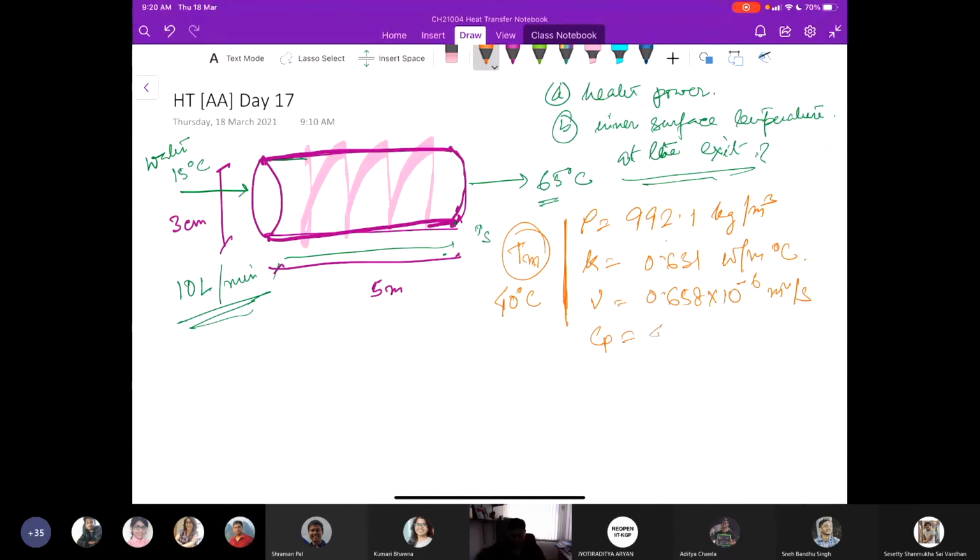Cp is 4179 joule per kg degree centigrade. Prandtl number is 4.3432. These are the properties you would need to complete the calculation.